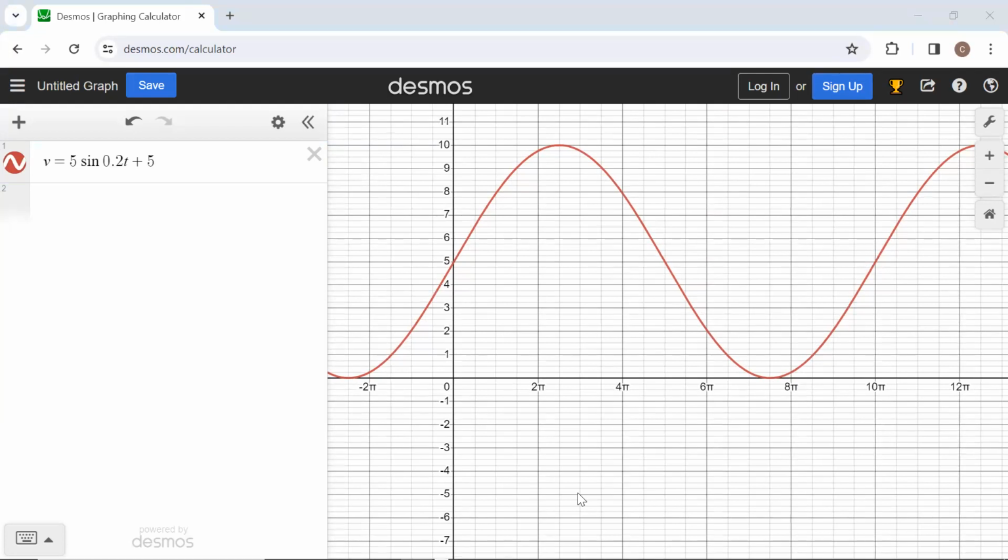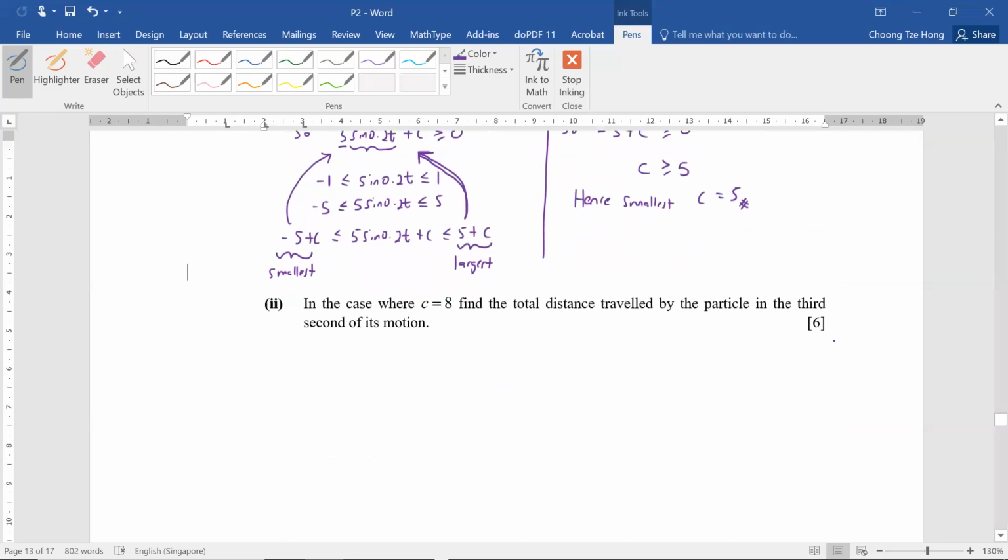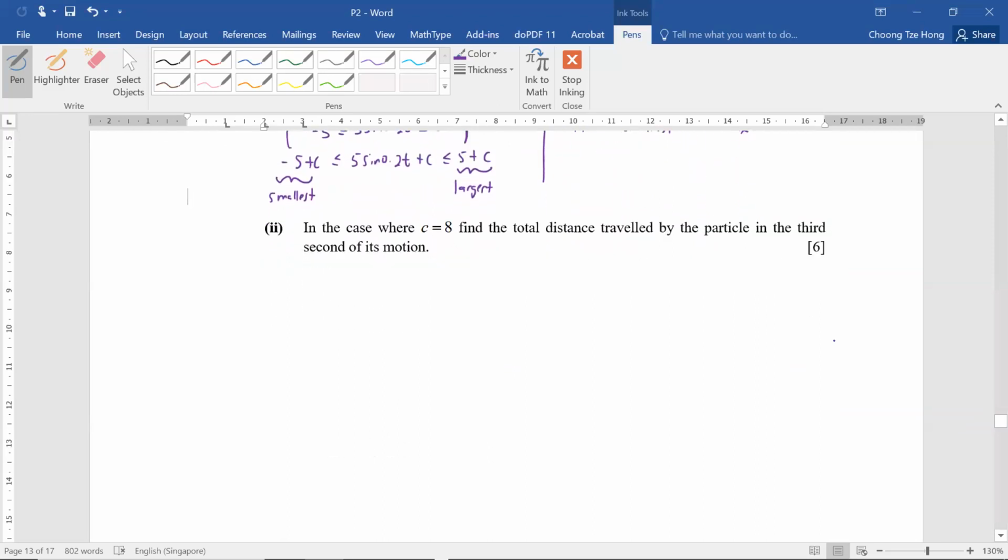So let's take a look at the second part of the question. In the case where c equals 8, find the total distance traveled by the particle in the third second of its motion. So if c equals 8, then the velocity becomes 5 sine 0.2t plus 8, right?